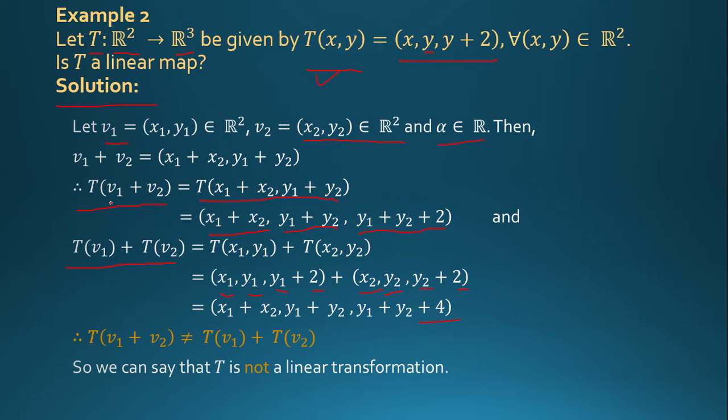So T of v1 plus v2 is equal to (x1 plus x2, y1 plus y2, y1 plus y2 plus 2) છે અહીંયા, અને અહીંયા આપણે મળે છે T of v1 plus T of v2 ની વેલ્યુ (x1 plus x2, y1 plus y2, y1 plus y2 plus 4) મળે છે. So both are not equal. So first property satisfy નથી થતી. So we can say that T is not a linear transformation.